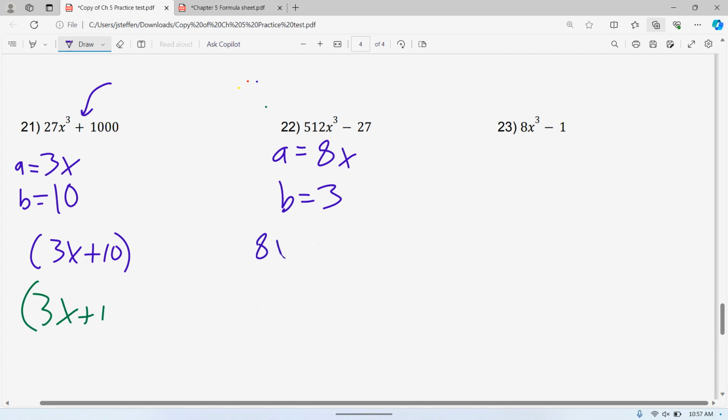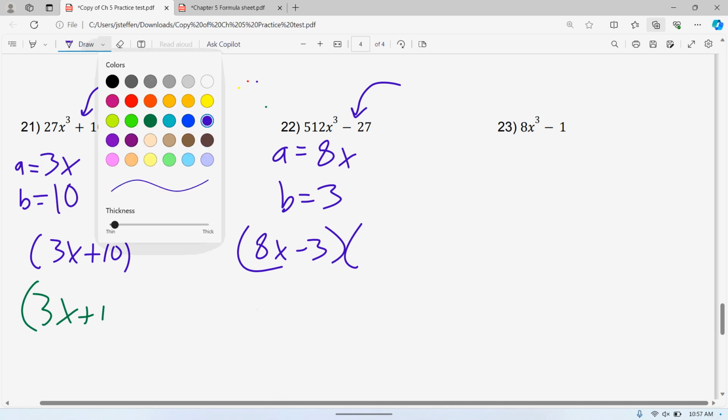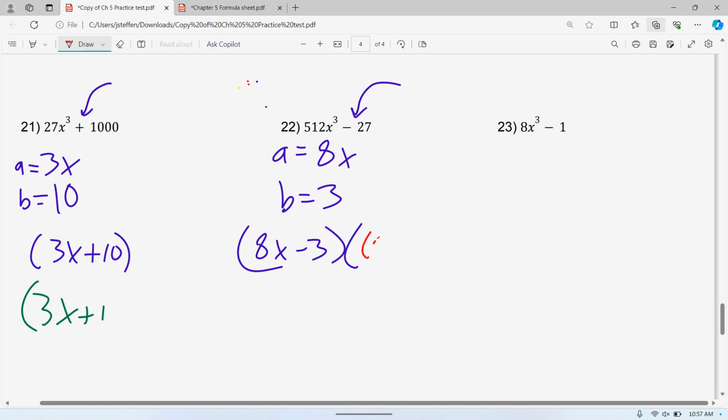Now, the reason it's minus is because that's how it starts up here. Then the second part is 8x squared, plus 8x times 3, and then 3 squared.